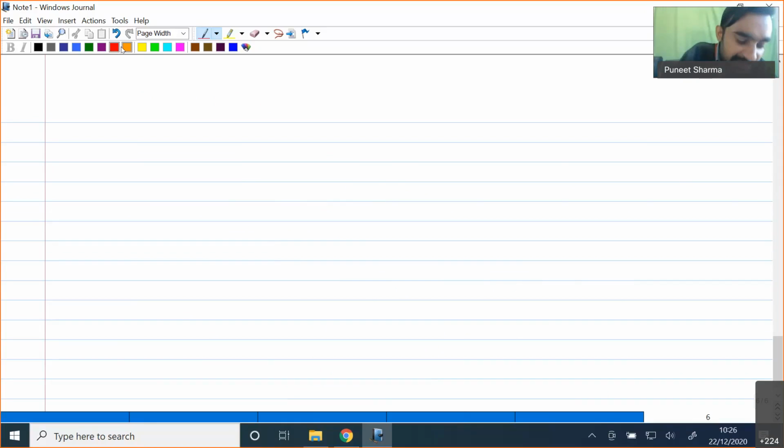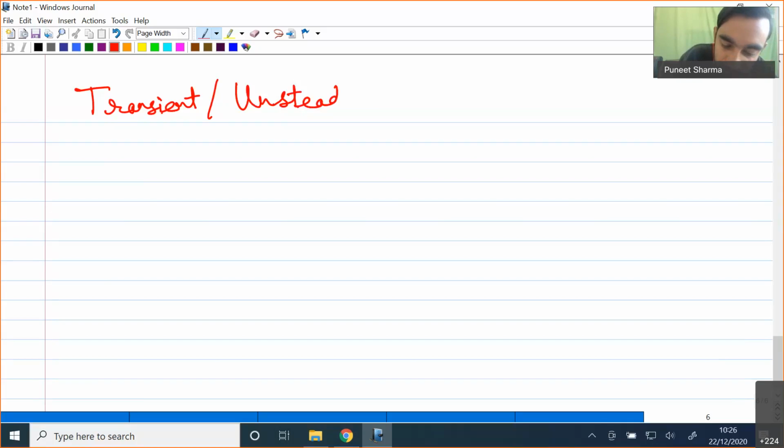These devices show variation with time, so their properties actually vary with time. Such devices or processes we call transient or unsteady processes.